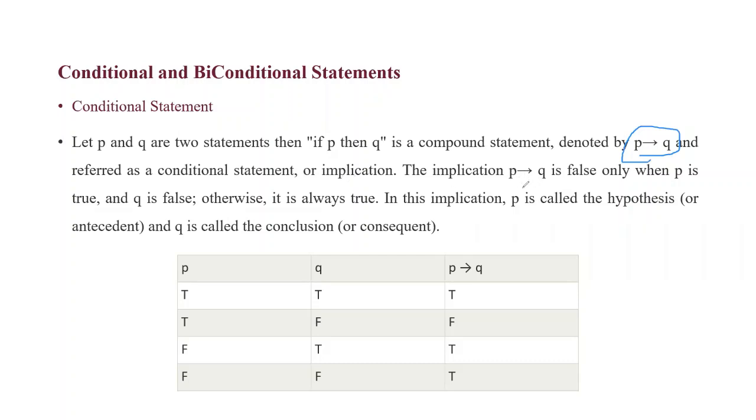The implication if P then Q is false only when P is true and Q is false. Otherwise, it is true. In this implication, P is called the hypothesis or antecedent and Q is called the conclusion or consequent.